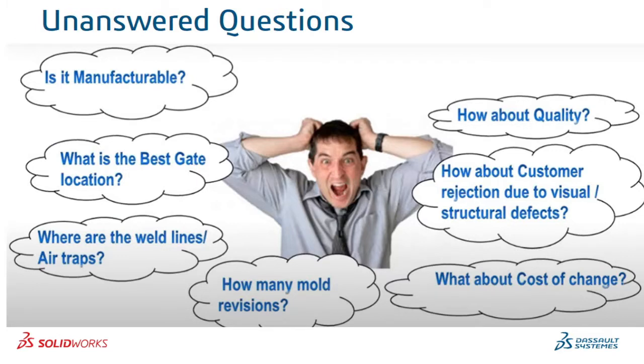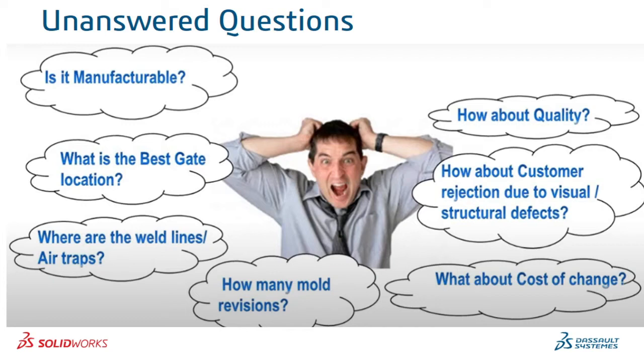Now there are many unanswered questions whenever you design your product, correct? For the first time in your R&D department, you have many questions like, is it manufacturable, correct? What is the best gate location? Where are the weld lines and air traps, correct? How many mold revisions would be required, right?